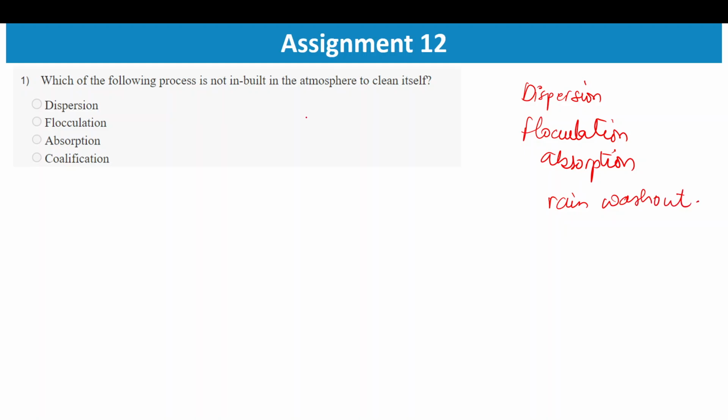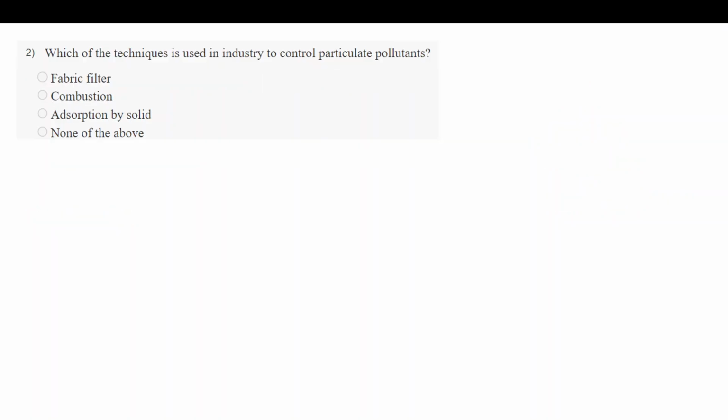Qualification. Yeah, correct. So qualification is not the self-cleaning process of the atmosphere.